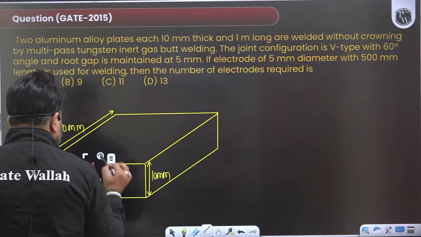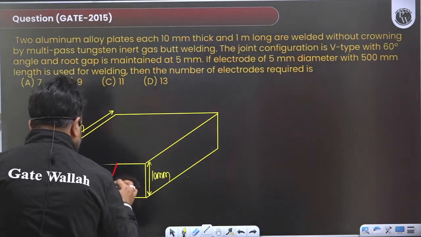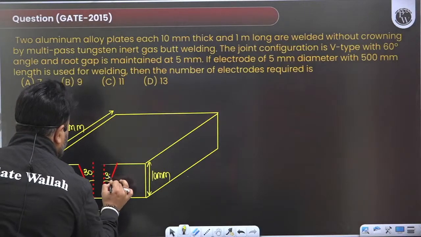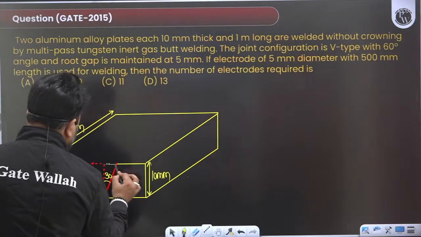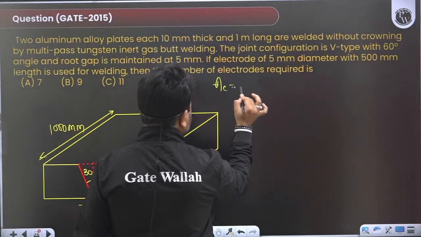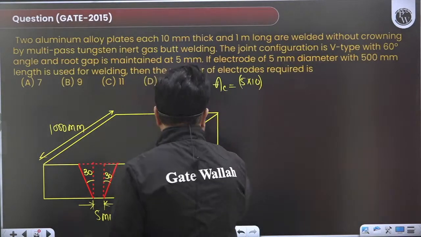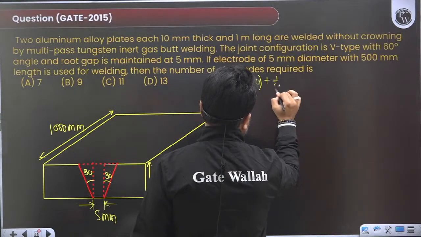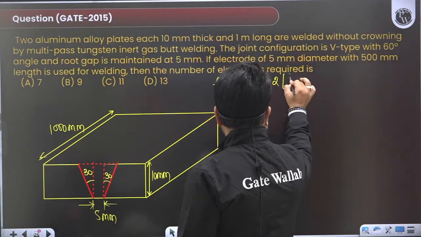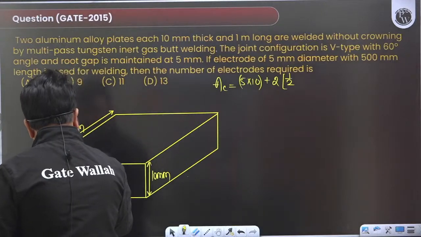So this is 30 and 30 degree. We can calculate the cross-sectional area of the weld pool. That is 5 into 10, plus twice the triangle area, two similar triangles, that is half base into altitude.